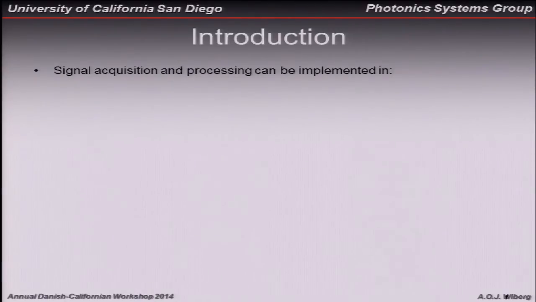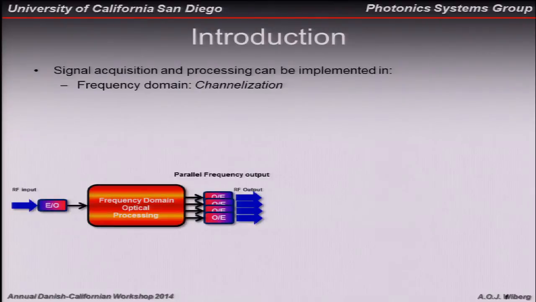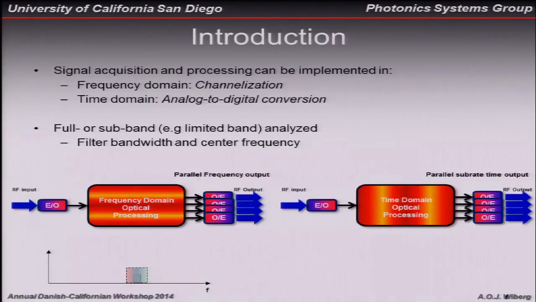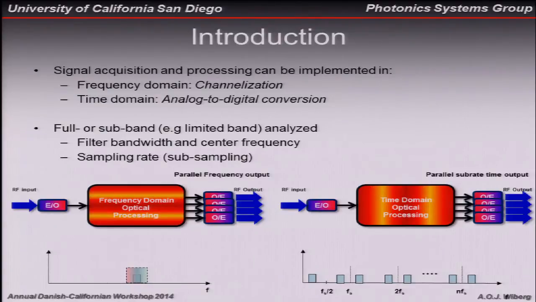The ways of addressing this are that we can look at it in a frequency domain way, which we call channelization, or in the time domain, where we can sample it with an optical front end followed by analog to digital conversion. You can do it in full band, which usually doesn't make sense, since you're mostly interested in a signal that is band limited to a smaller band, which in the frequency domain you can filter out, or in the time domain you can subsample.